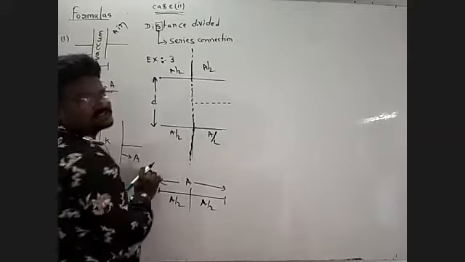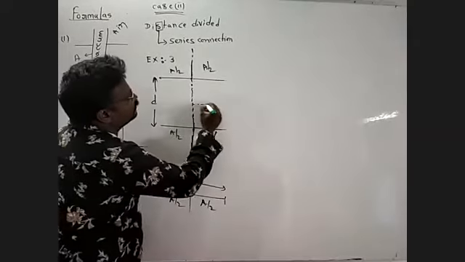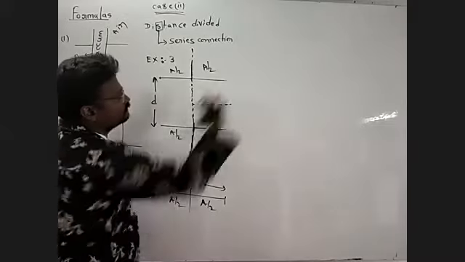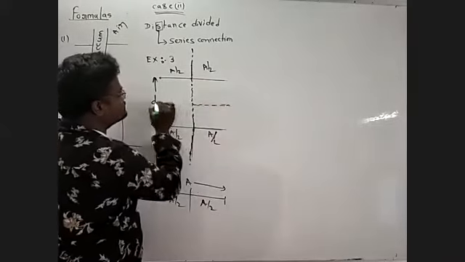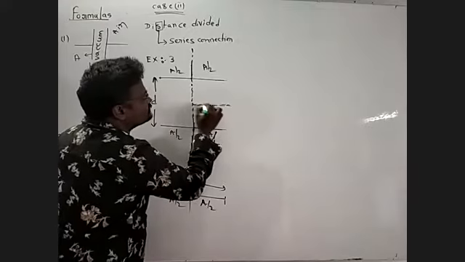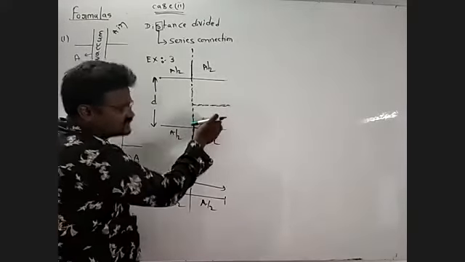This is the distance between the two plates. This can be divided into two halves. This is a line, and this line can be divided into two parts. This one capacitor, this is another capacitor.